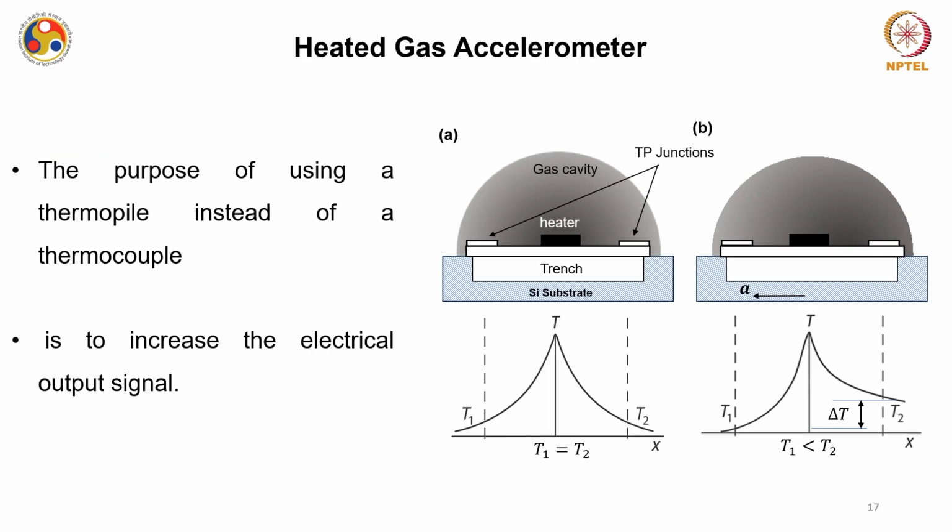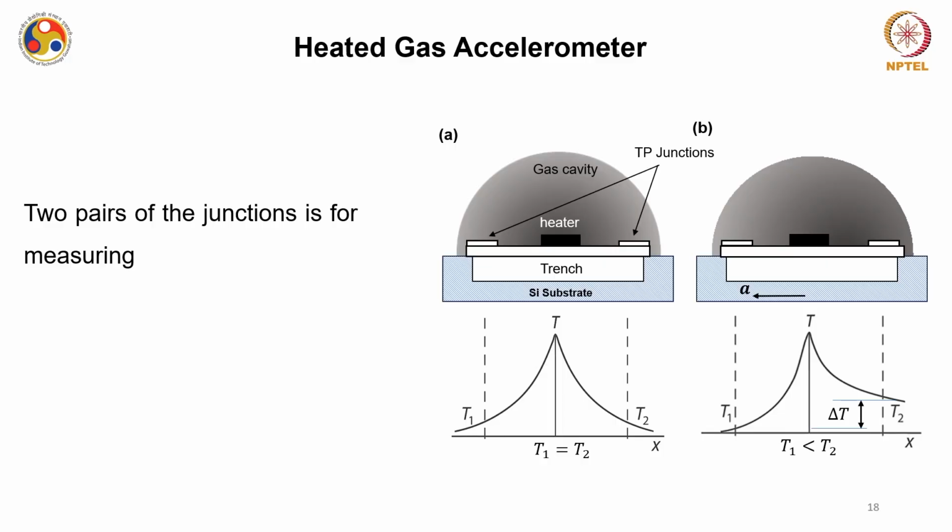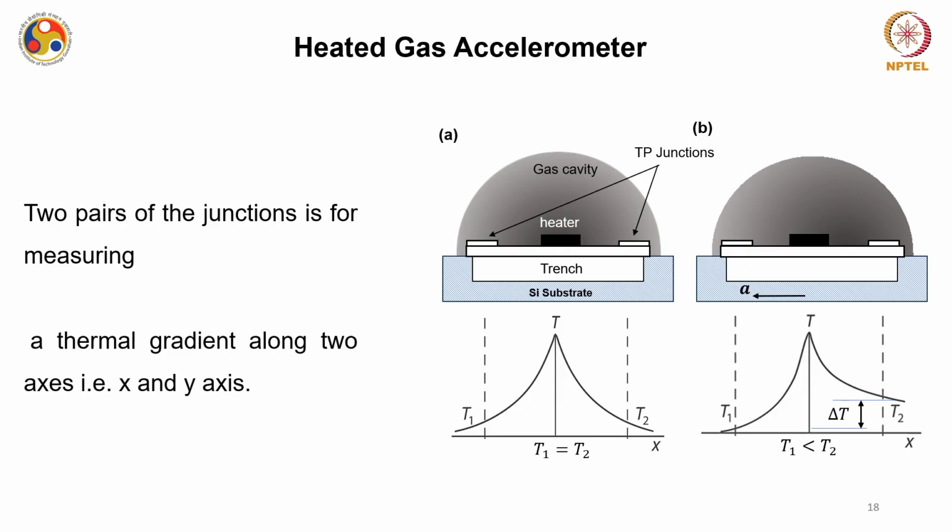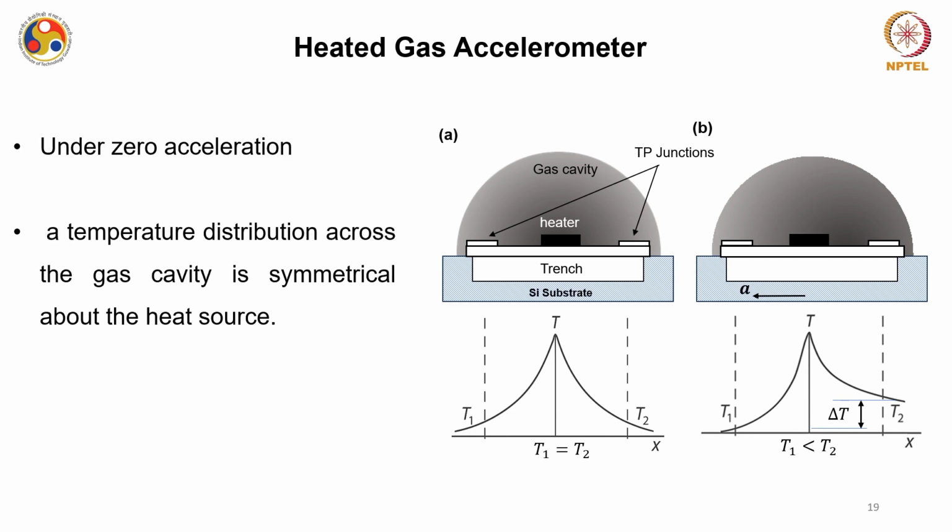The purpose of using a thermopile instead of a thermocouple is only to increase the electrical output signal and not anything else. You can also have a thermocouple in place of a thermopile, but then your signal levels will be low and you will need another layer of amplification to read these signals. So two pairs of junctions are for measuring, and a thermal gradient along the two axes, x or y axis, is available.